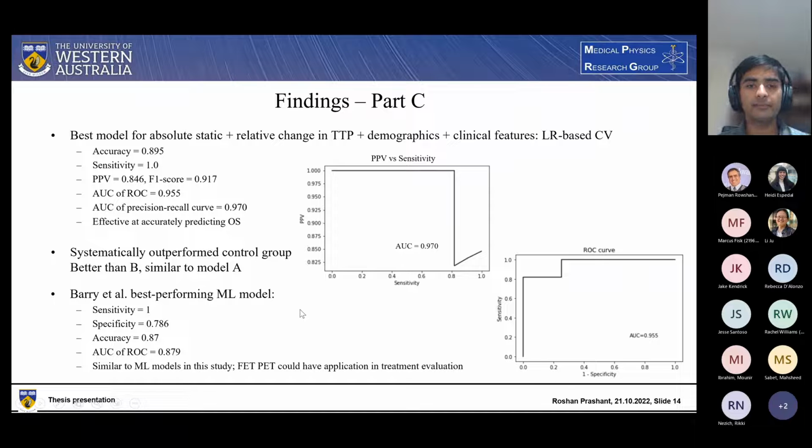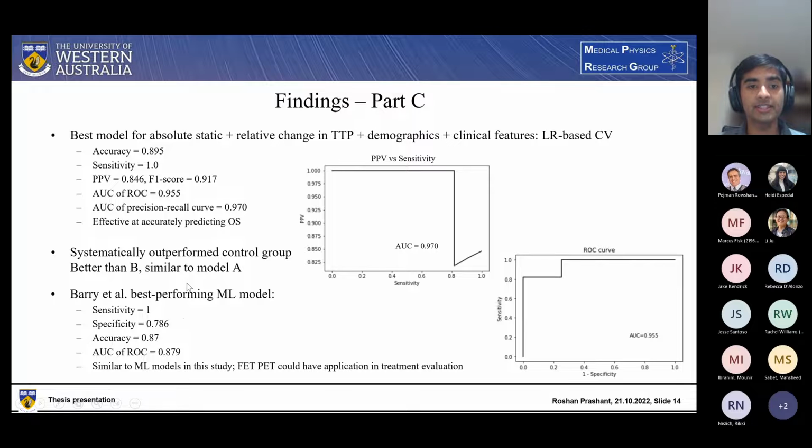Furthermore, a comparison with the existing literature on this topic, which there is not much of, but a comparison with whatever was made available, showed that, for example, with Barry et al.'s paper, the best performing machine learning model in this paper had a very similar performance to that of Models A, B, and C in this study here.